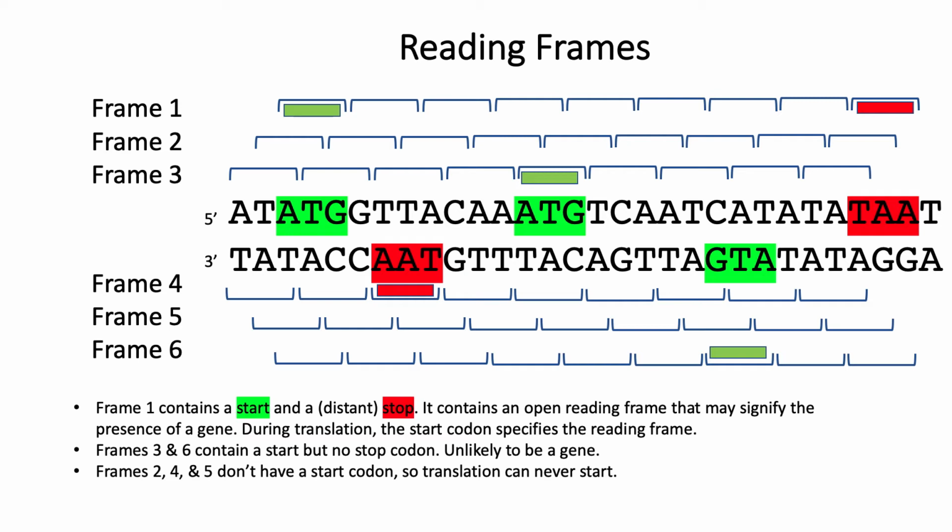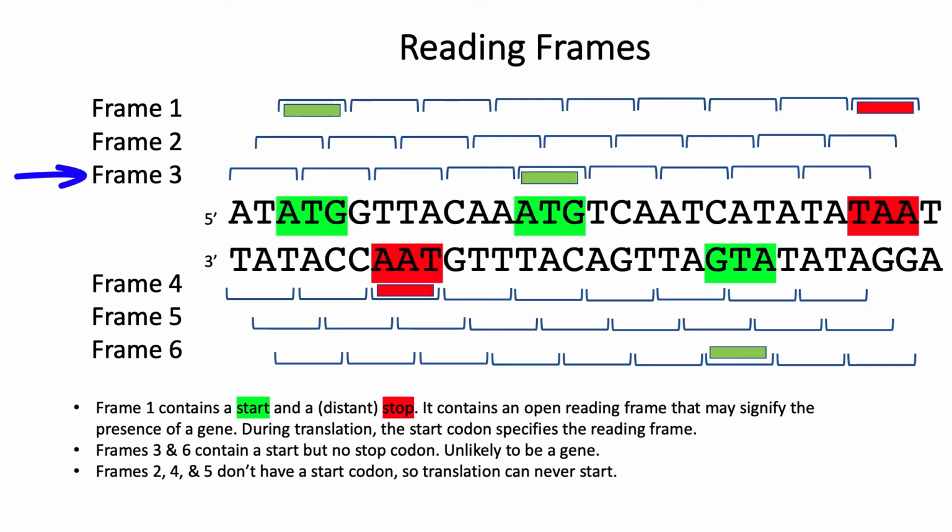We mentioned earlier that the start codon sets the reading frame. Consider the DNA sequence in the middle of this diagram. On top, you have the 5' to 3' strand, and below that, you have its complement. If you consider that the first 3 bases constitute a codon, then this would set the reading frame to be frame 3.